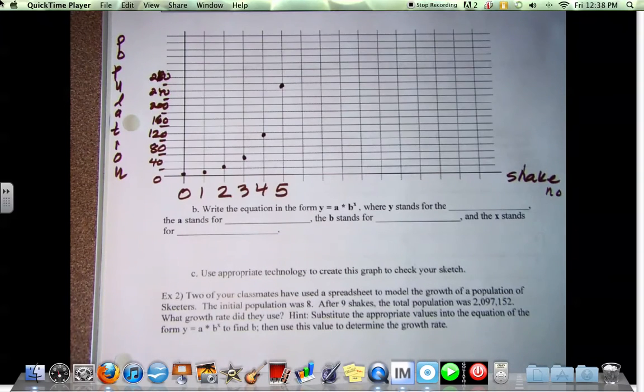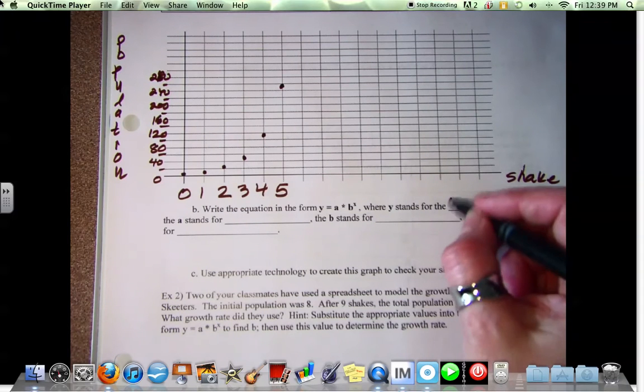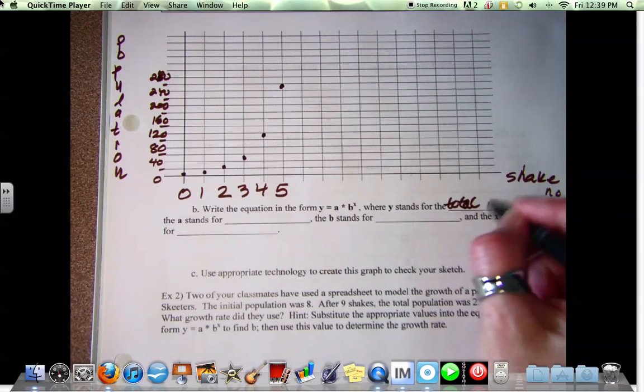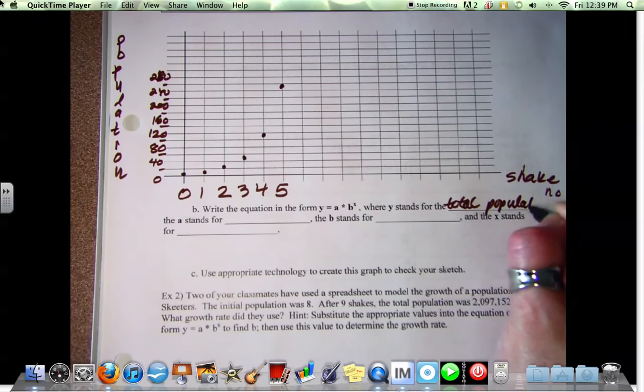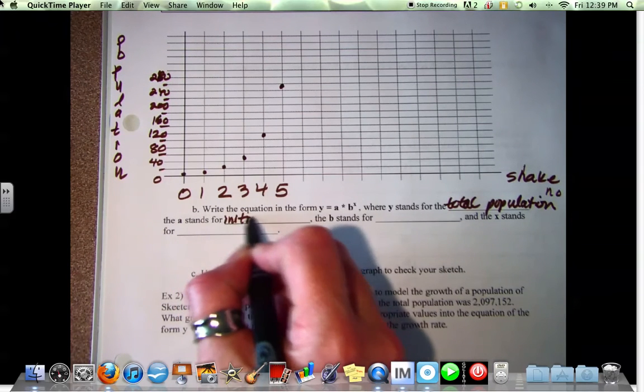B says, write the equation in the form y equals a times b to the x, where y stands for the total population. The a stands for the initial population.